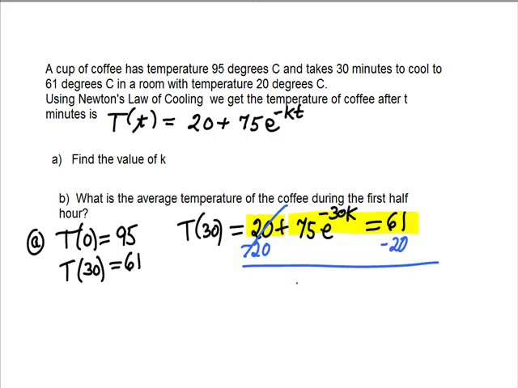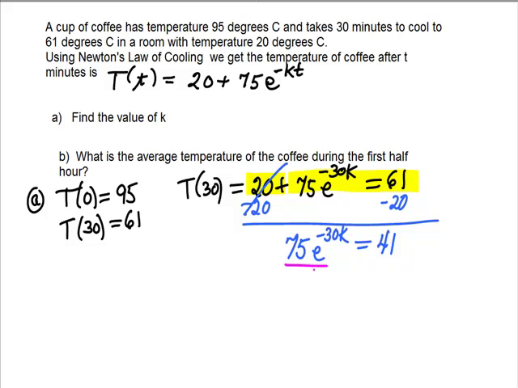Okay, so first we are going to subtract 20 from both sides. And that gives us that 75 e to the negative 30k equals 61 minus 20 is 41. So now we're going to divide both sides by 75. And we get e to the negative 30k equals 41 divided by 75.